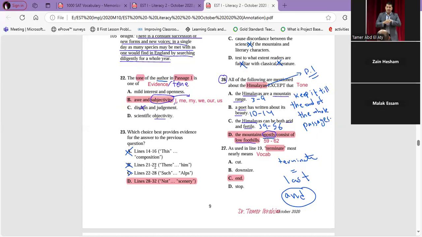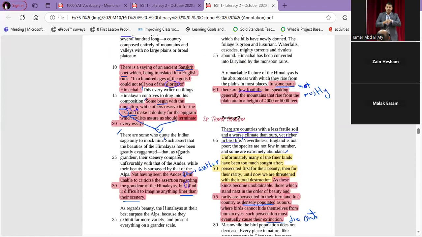From line 21 till 22, from there till him. Here, there is the word him, the pronoun him, and we don't know who is him. So what are we going to do? Take a sentence before. So from here, we have some.